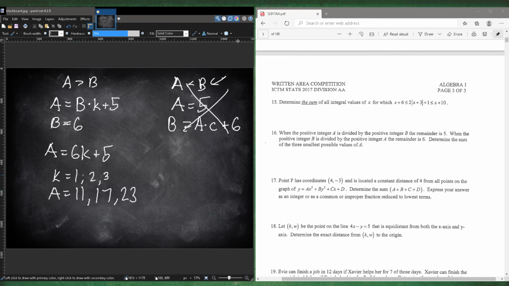These are our smallest, with k equal to 1, 2, and 3. You're not going to use k equal to 0, because that means a is equal to 5, and remember, a has to be greater than b. If a is 5 and b is 6, that is not true. So these are our three smallest. Adding them together, 40 plus 11 is 51. And that's your answer for 16.